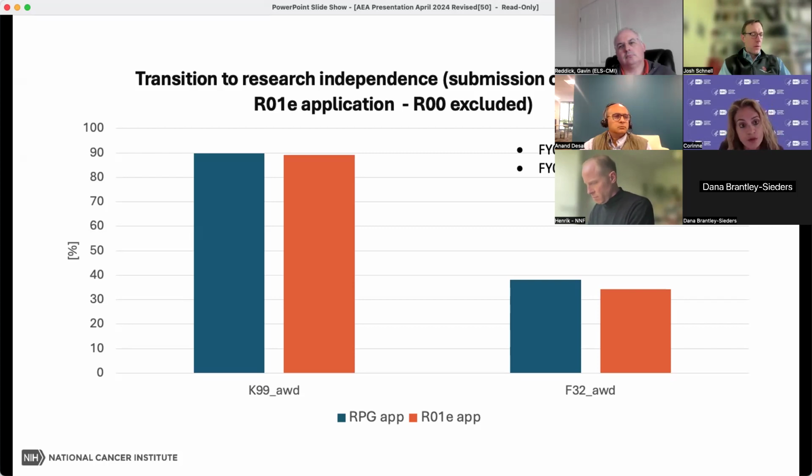This is not a transition award and does not have a second part like the R00 part of the transition award. However, it's very similar in that it supports promising postdoctoral researchers. So since this award, the F32, is typically applied for earlier in the postdoctoral phase than the K99, we accounted for this by looking at a cohort that was a couple years earlier in our grouping, hence the 2005 to 2015, as opposed to the 2007 to 2017 cohort for the K99 R00s.